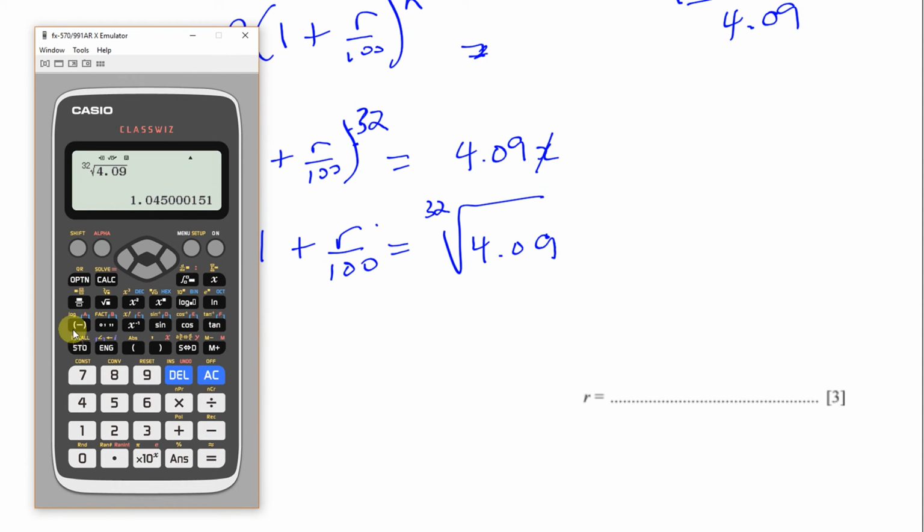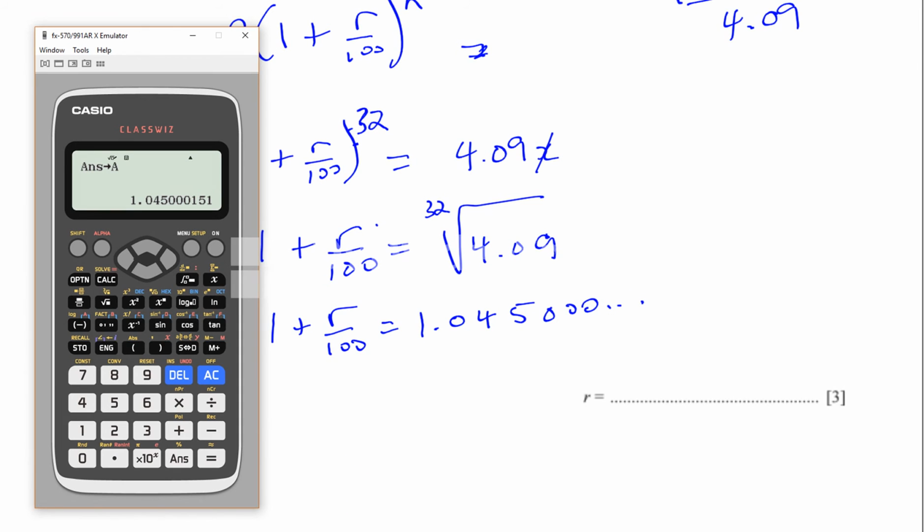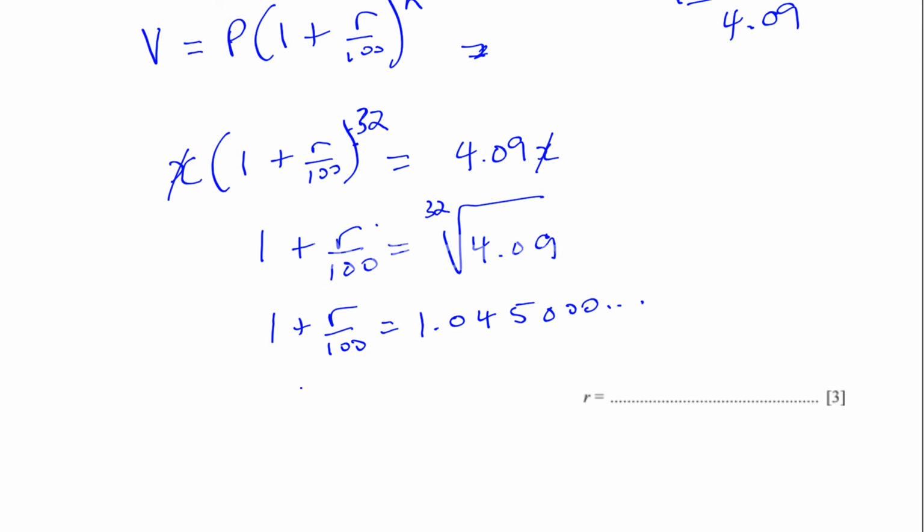Let me just store that in case I need to bring it up again. So 1 plus R over 100 equals 1.045, and then some zeros there. Okay, and is that right? 1.045, yes.